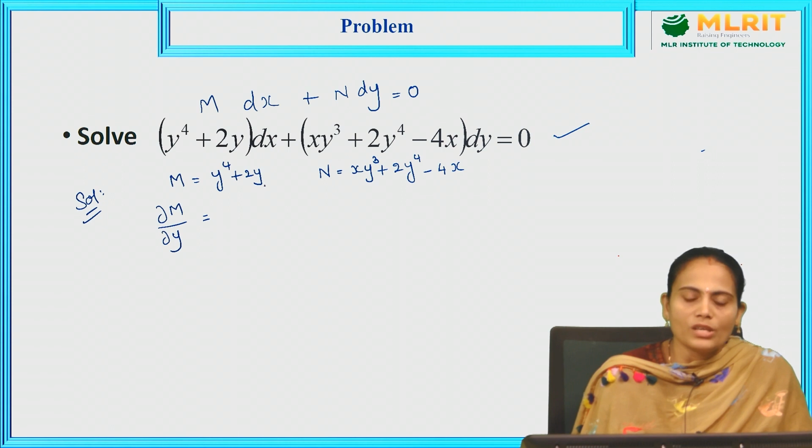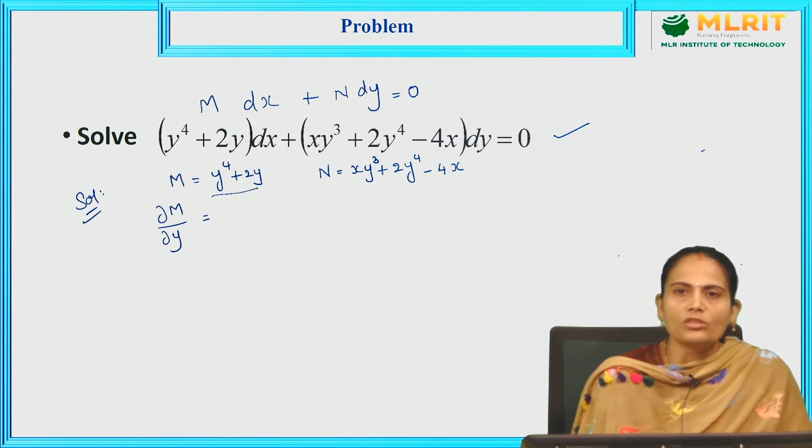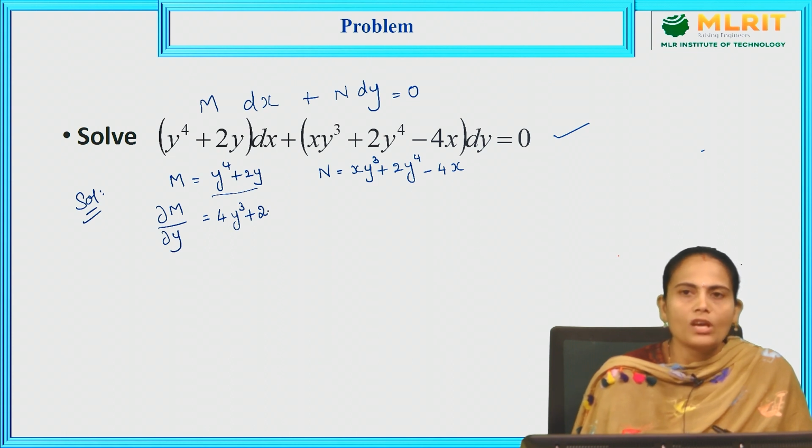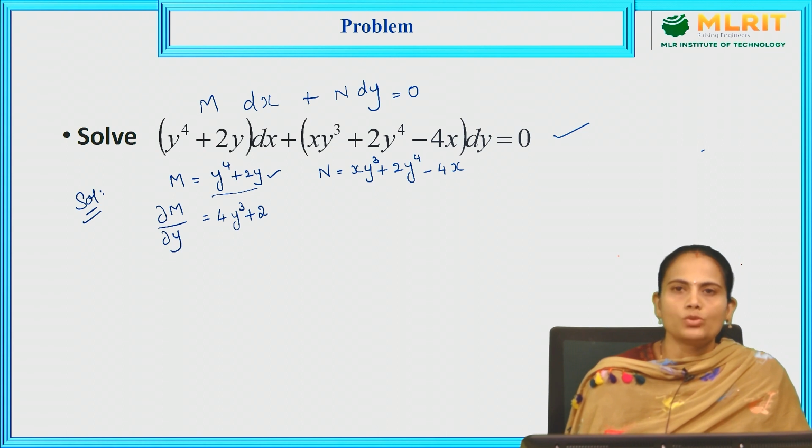Here there is no x term in this function, and now we have to differentiate y^4 + 2y with respect to y. The derivative of y^4 is 4y^3, plus the derivative of 2y is 2. So 4y^3 + 2 is the derivative of y^4 + 2y.